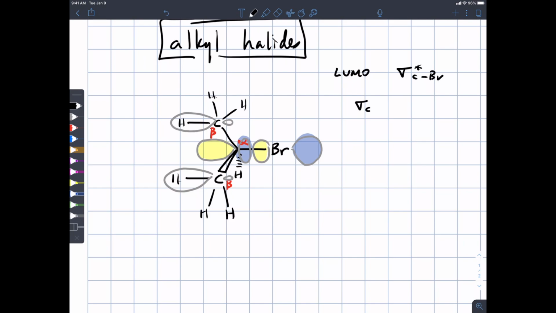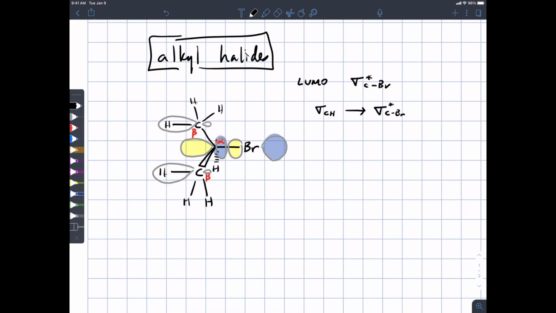The filled carbon-hydrogen sigma bond mixes with the empty carbon-bromine sigma star. This allows the electrons in the carbon-hydrogen bond to go lower in energy and delocalize a little bit. At the same time, it makes the LUMO go higher in energy but spread out a little bit onto those adjacent protons. And if we did the calculations, this is what the LUMO would look like.